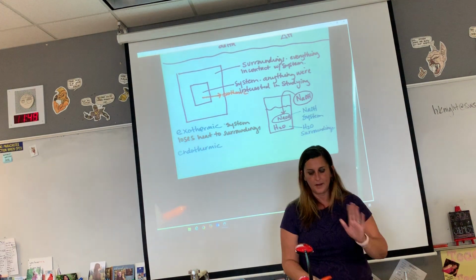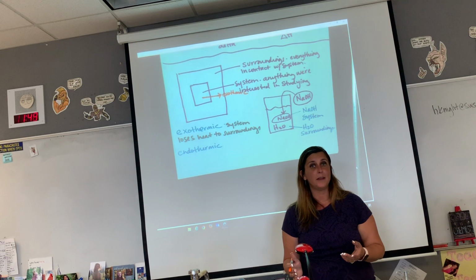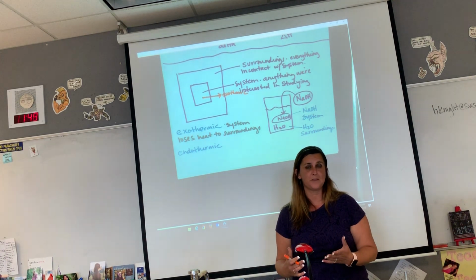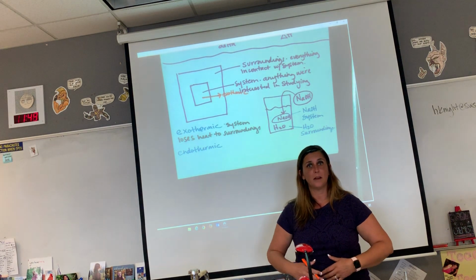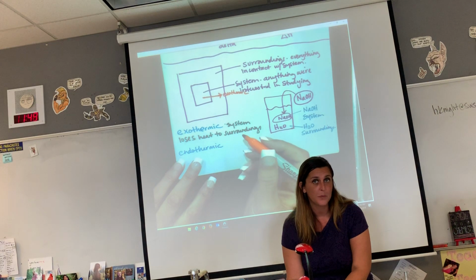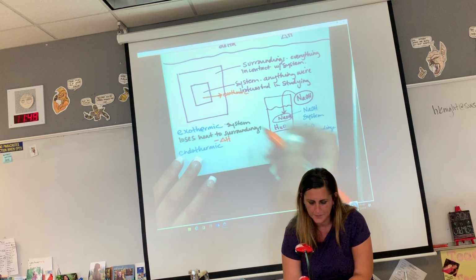Okay, and if we look at this from the point of view of the system, which we always do in thermochemistry, that would be a loss of heat. So for an exothermic process, delta H is negative.